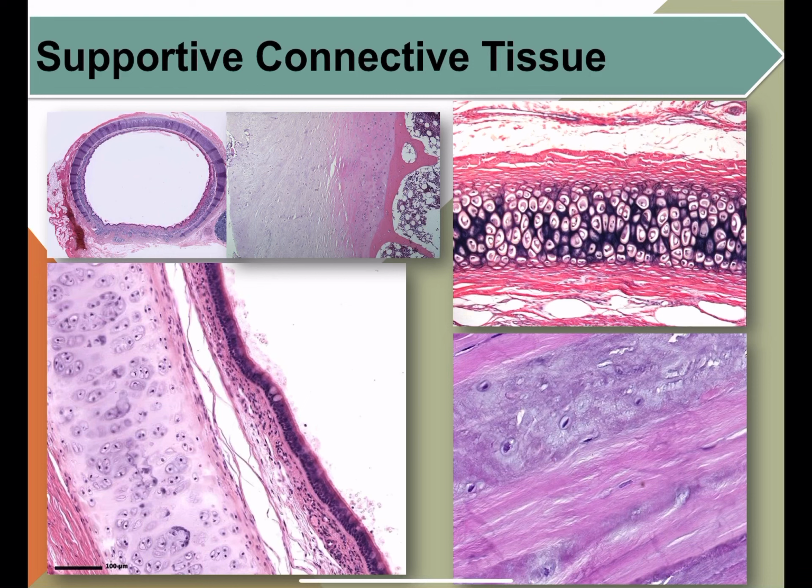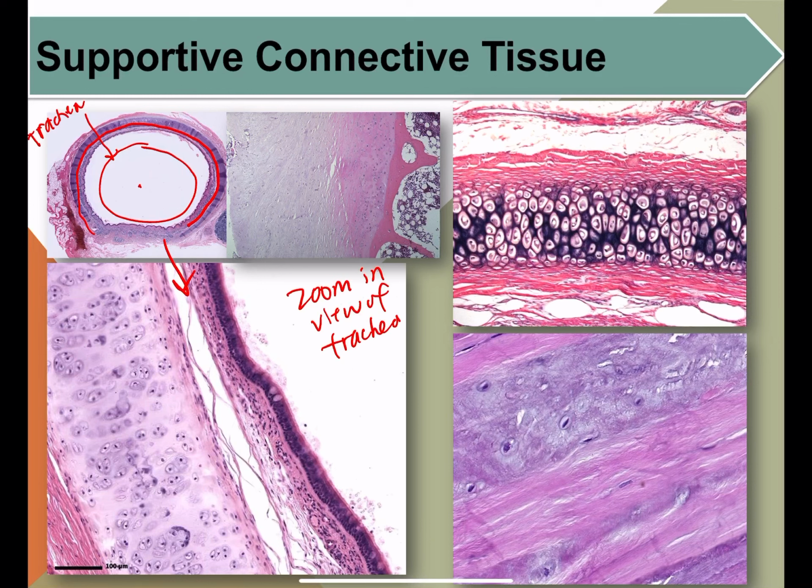This here is a zoom out view of the trachea, which is your airway. This is the hollow space within for air to pass through, and this is the tissue around. Now, if we zoom in to this area, this is how it would look.